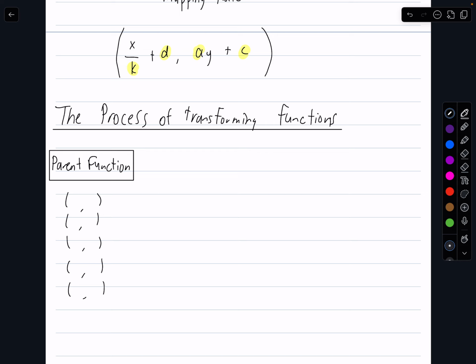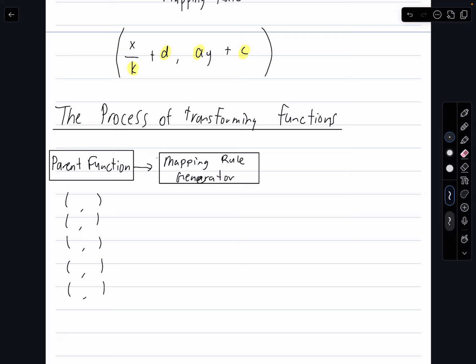When we have the parent function, what we're going to do is plug this into what I like to call our mapping rule generator. You want to think of the mapping rule as a certain kind of generator. It's kind of like a computer if you want to think of it like that. The reason I like calling it a generator is because it generates the new transform points.